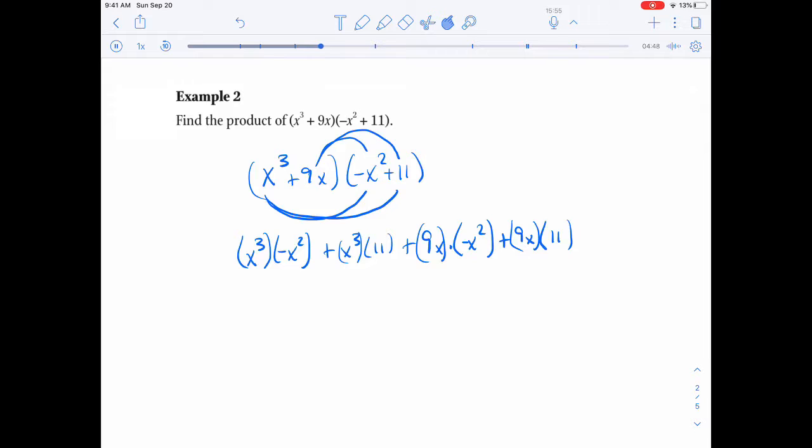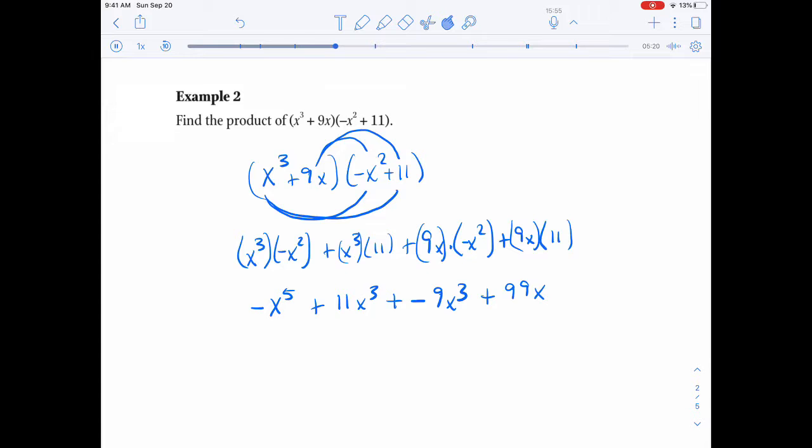All right, let's go ahead and simplify this by taking the product of x cubed and a negative x squared, giving us a negative x to the 5th, plus the product of x cubed and 11, so 11x cubed, plus the product of 9x and a negative x squared, which is a negative 9x cubed, and then added to the product of 9x and 11, which is 99x.